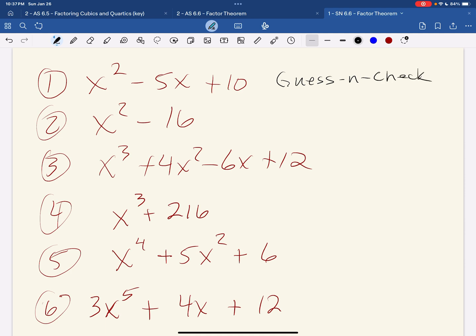The second one has two terms that are both perfect squares with a minus sign in between. The next one was 4 terms, and we know how to factor those 4 terms using grouping.